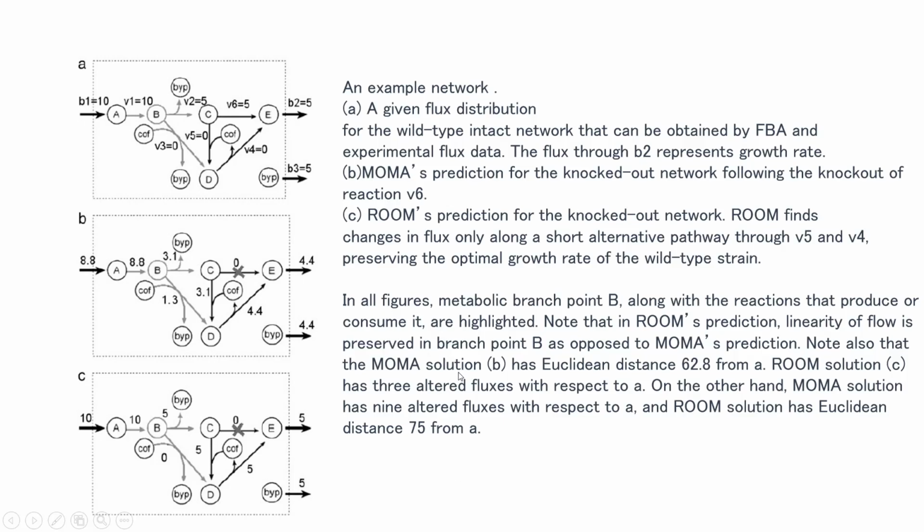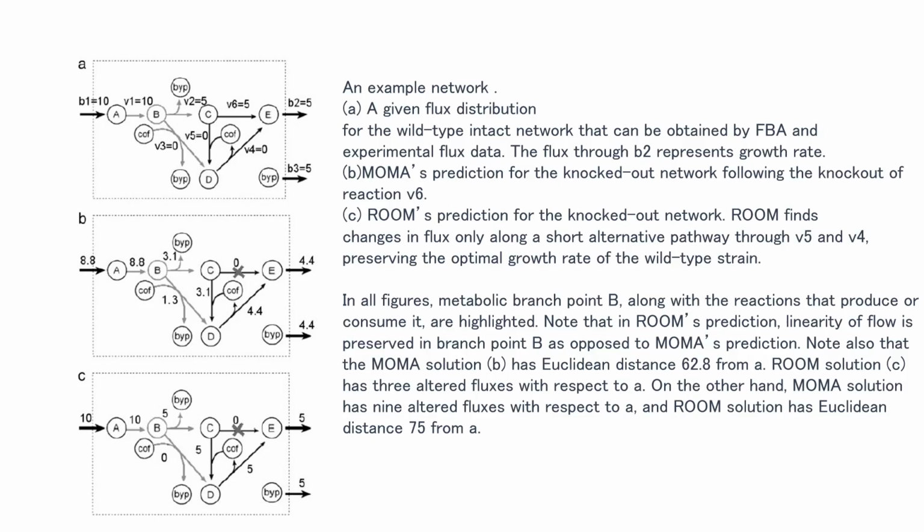Also, MoMA's prediction has a Euclidean distance of 62.8 from the ROOM solution and has three altered fluxes with respect to it. And the MoMA solution has nine altered fluxes with respect to it. The ROOM solution has a Euclidean distance of 75 from it.